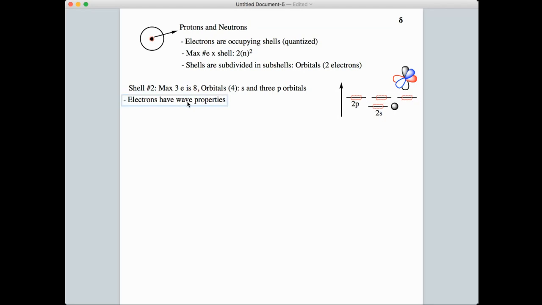Because of the wave properties of electrons, we never talk about an electron being here or there, but rather we refer to electron density when we talk about orbitals. So if we have 2 electrons in orbital s, we are not going to think that inside this sphere there will be 1 electron here, one there. No, there will be electron density in the whole orbital accounting for 2 electrons.